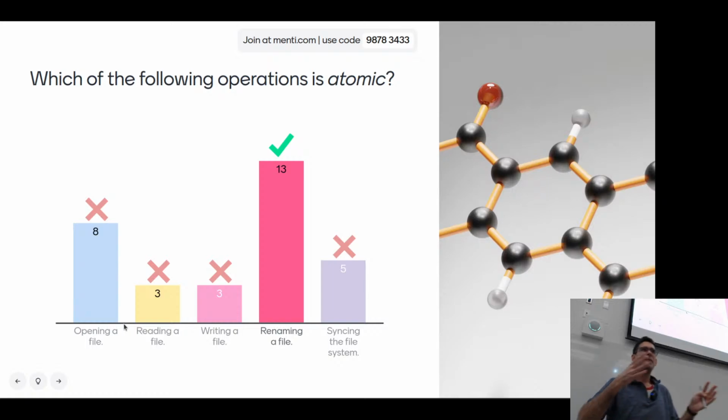Renaming the file is, I can write all this stuff out and then I can rename it. And the rename itself is an atomic operation. And this is getting back to this idea of how file names are kept in our file system. The file names that we have are not actually part of the metadata for the file, which sounds super weird to me.